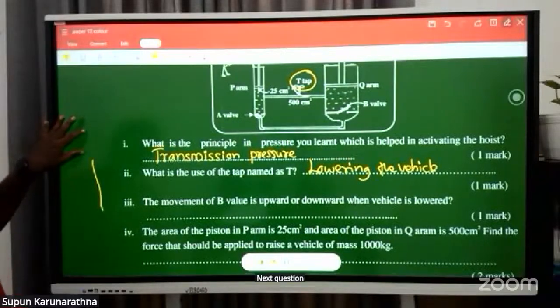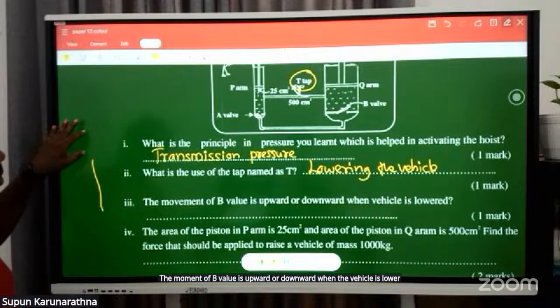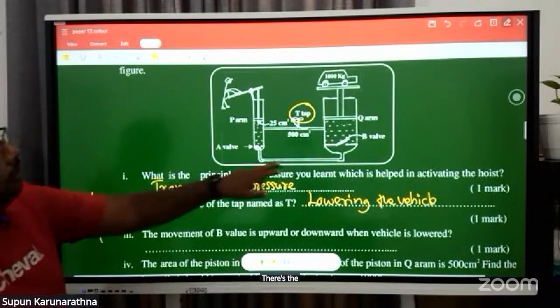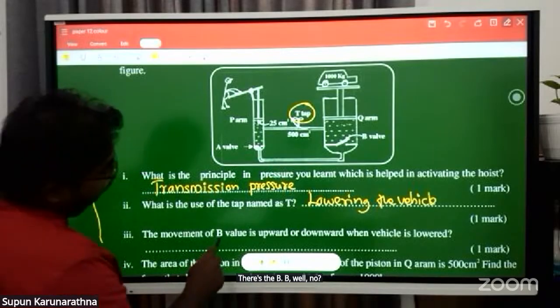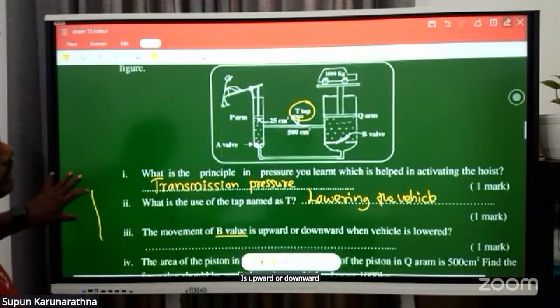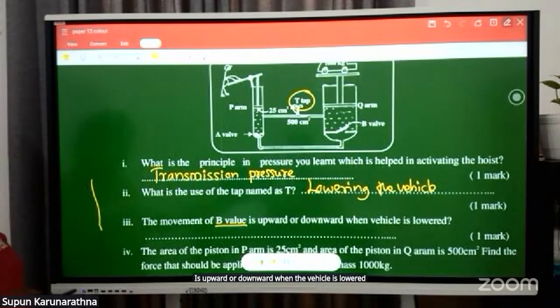Next question. The movement of the B valve is upward or downward when the vehicle is lowered? Where's the B valve?